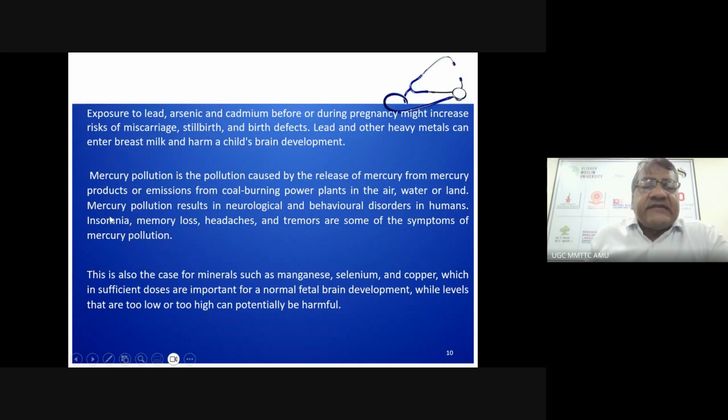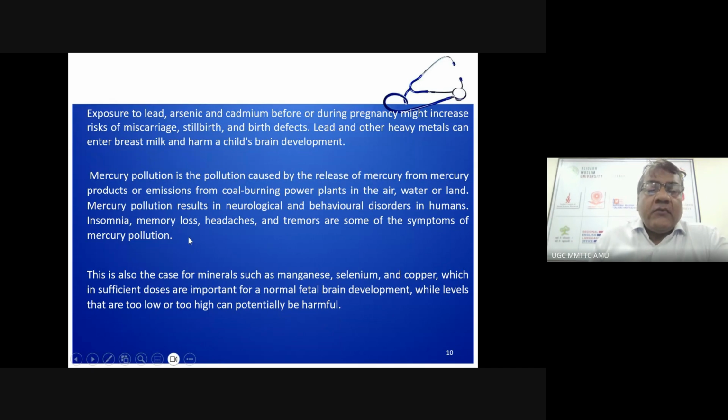So how dangerous is this? Prolonged exposure gives rise to insomnia, loss of sleep, memory loss, headache, tremors, abnormal movements.